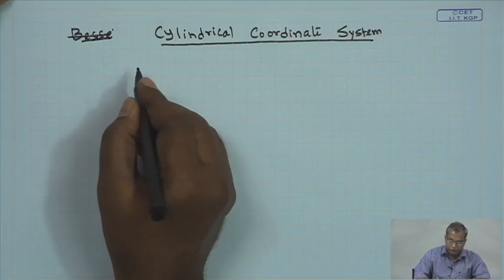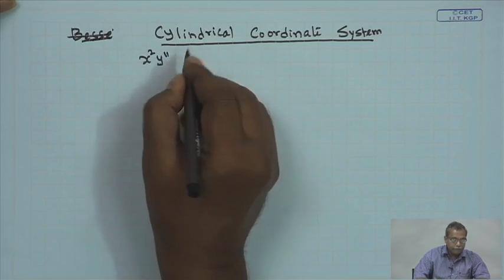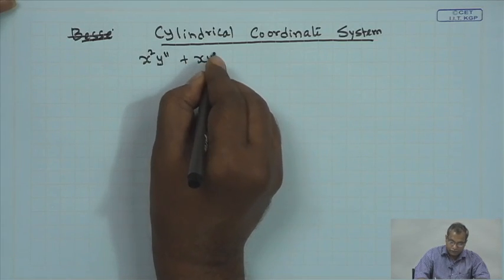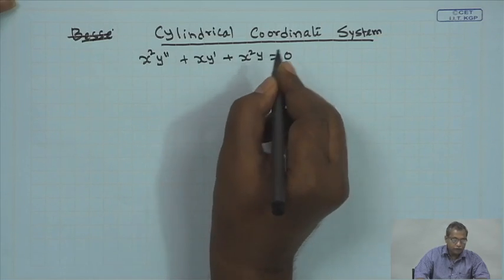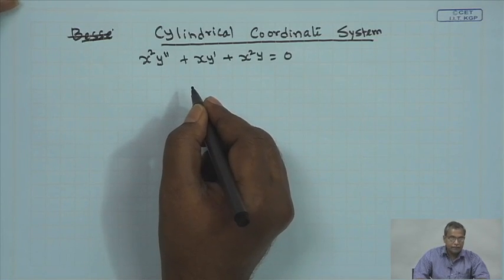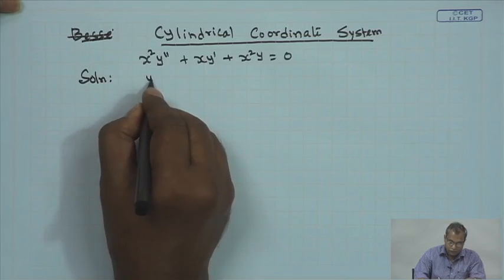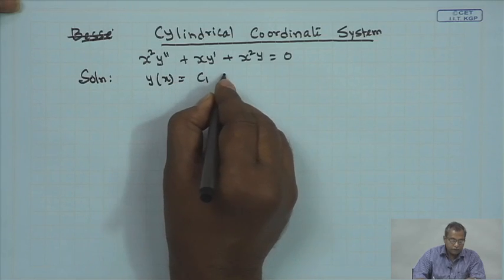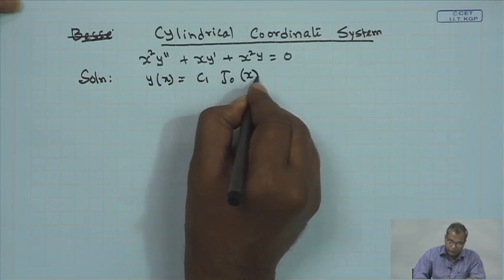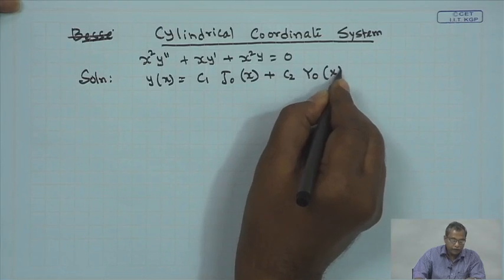The differential equation that one will be encountering is in this form: x square y double prime plus x y prime plus x square y is equal to 0. If that is the case, the solution will be in the form of C1 J0 x plus C2 Y0 x.